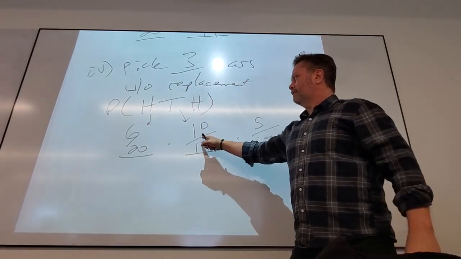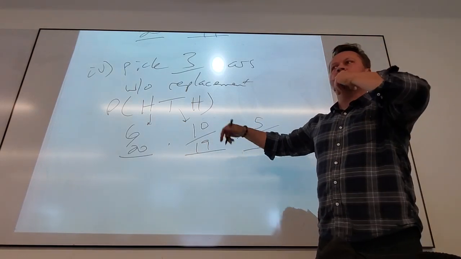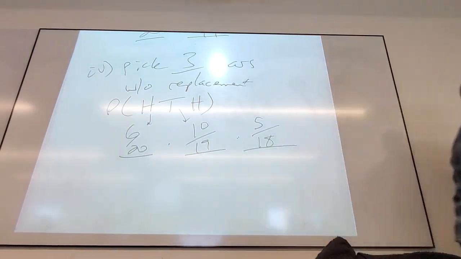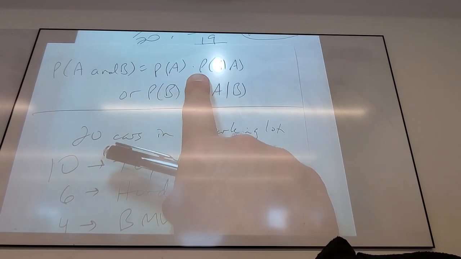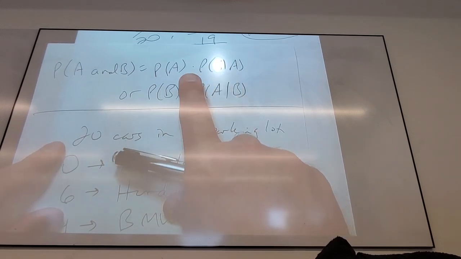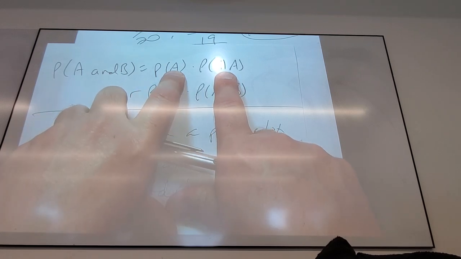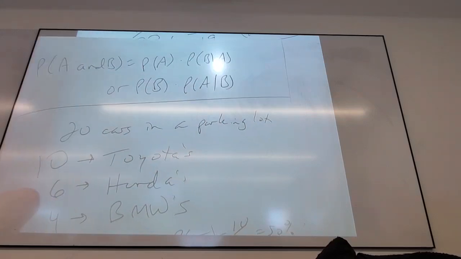Do you see how each of these probabilities is given that we just did this thing? So if you look back at the official formula for and, it's something times the given: the probability of Toyota times the probability of Honda, given that I already picked a Toyota. That's why the numbers do what they do.